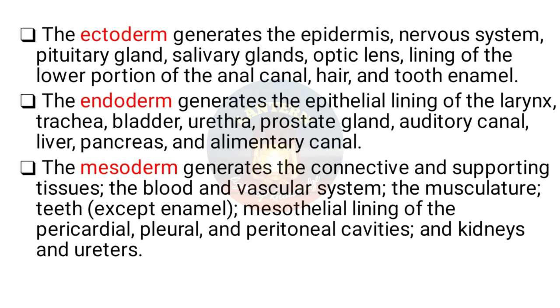The mesoderm generates the connective tissue and supporting tissues, the blood and the vascular system, the musculature, teeth except the enamel, and mesothelial lining of pericardial, pleural, and peritoneal cavities, and also kidneys and ureters.